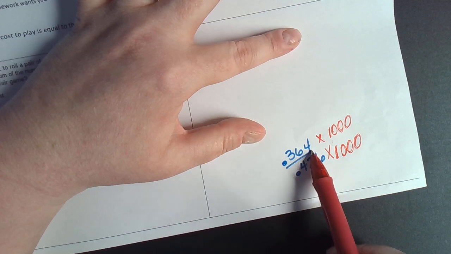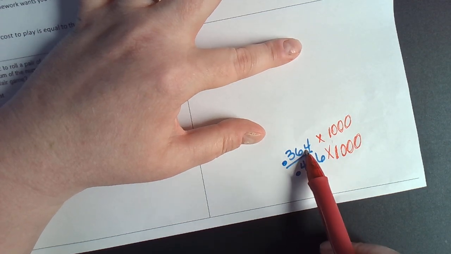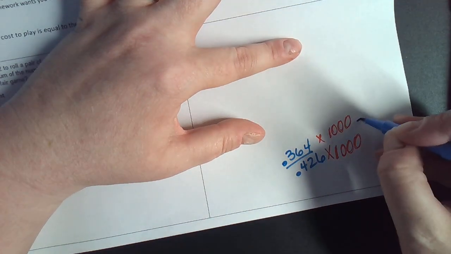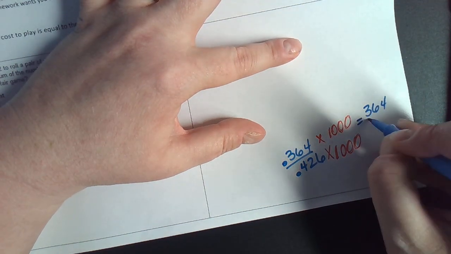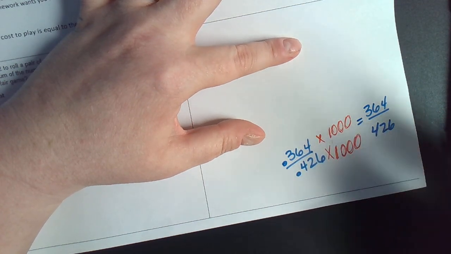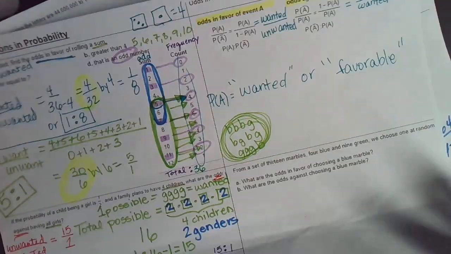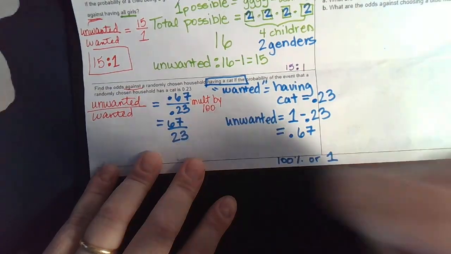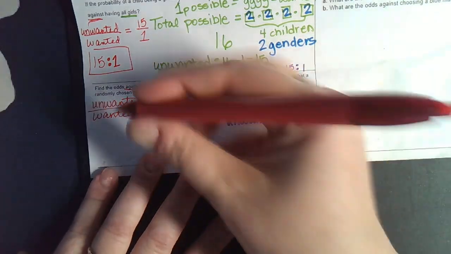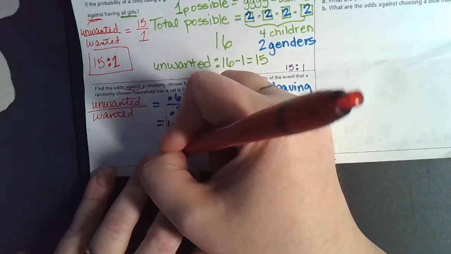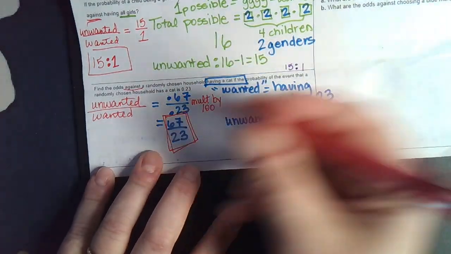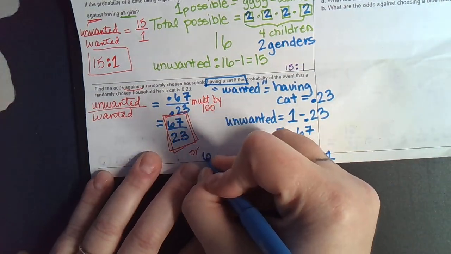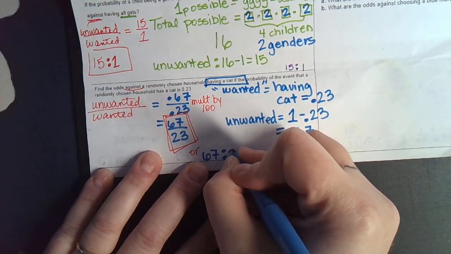So if you have 3 numbers in your decimal and that ends in the thousands, you multiply by 1,000 to get rid of the decimal, and it just gives you the big old fat whole numbers left. Okay, so anyway, to get rid of those decimals, we multiply by 100, and then that cannot reduce. So that is the odds against, or how else do we write it? With a little semicolon. 67 semicolon 23.